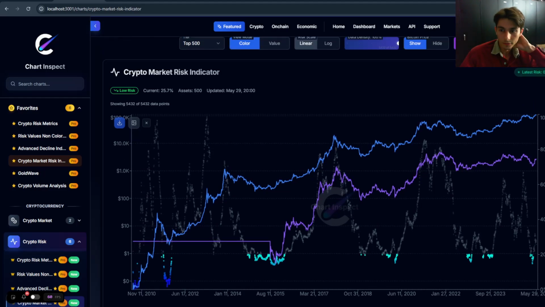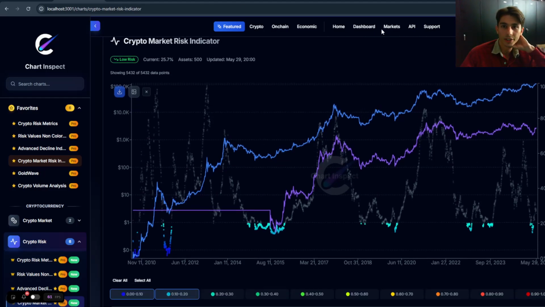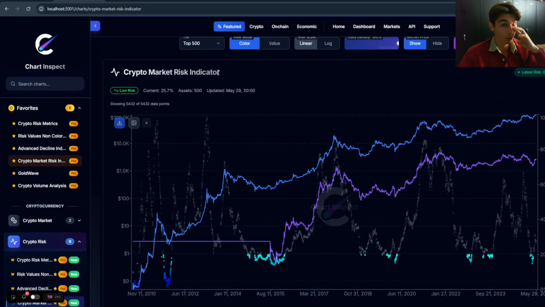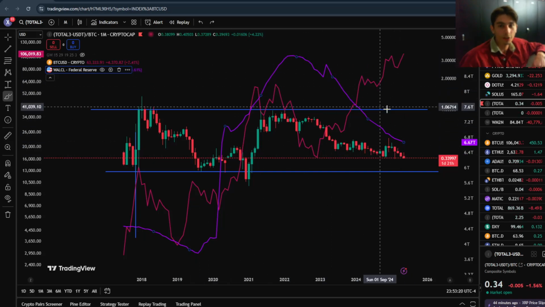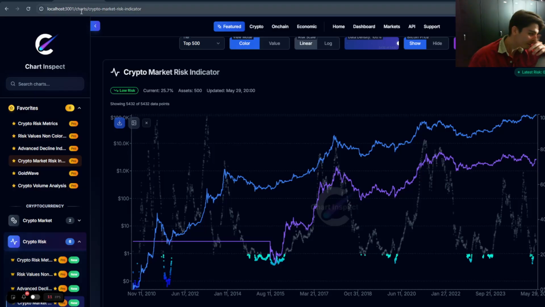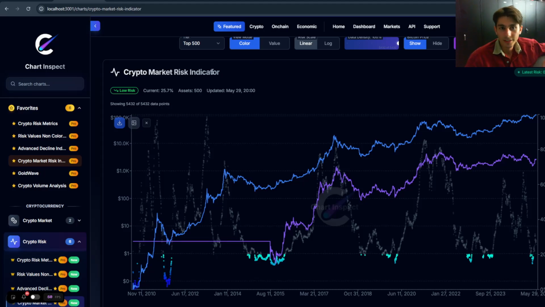So yeah, I just want to discuss how the total market risk indicator corresponds to the entire altcoin market cap, how the Federal Reserve plays into that, and when maybe we could see the next mania phase for alts.